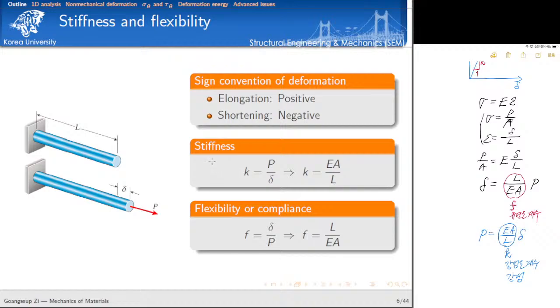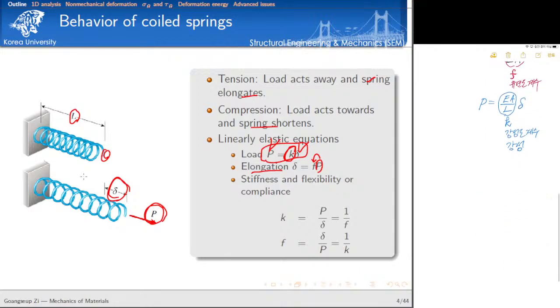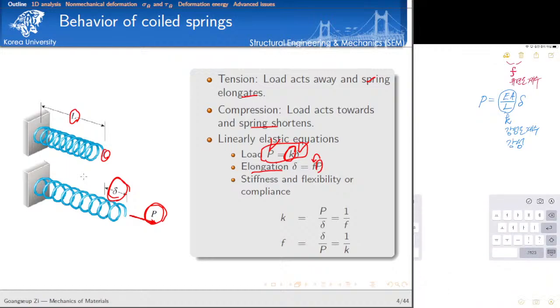Alright, so now let's talk about the real problem. Before we talk about the real problem, let me revisit this spring problem again. Okay, so in this formulation, we didn't discuss the internal forces yet, isn't it right? So now let's consider the internal forces.